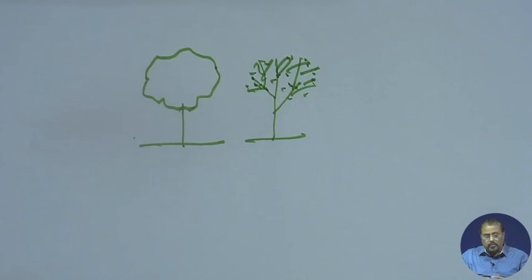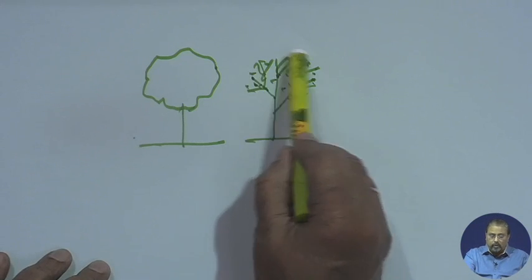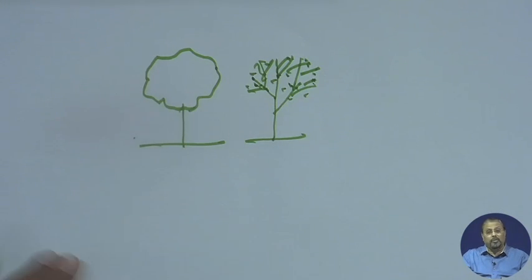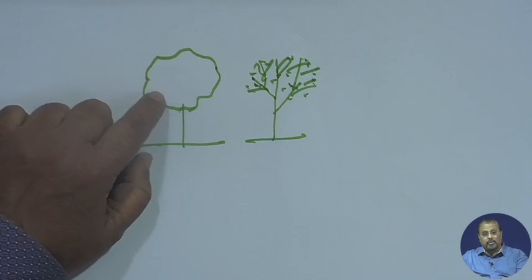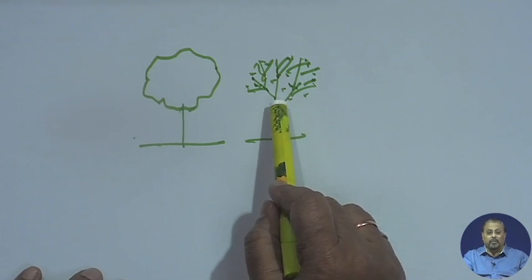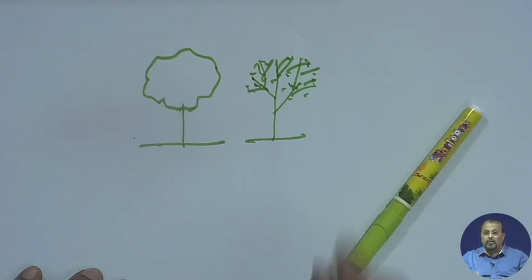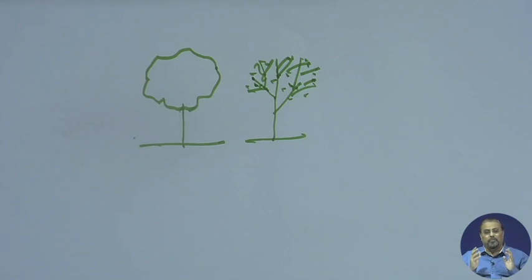Both are of equal height. This particular region is also almost uniform in terms of its planar area, projected area, but the moment you look at it, you will say this is a heavy mass and this is a light mass. So basically it is the material contained within that gives you a feeling of heavy or light.